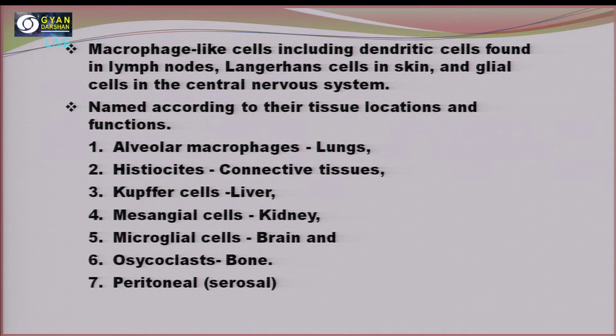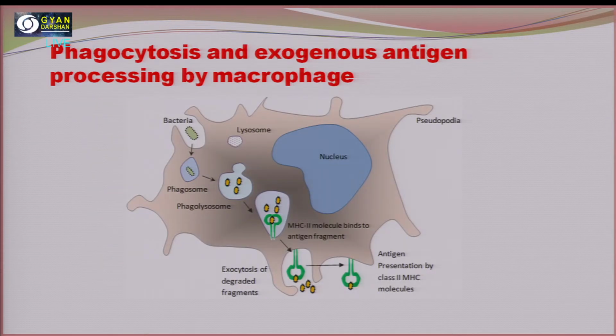Histiocytes are the macrophages of the connective tissues. Kupffer cells are available in the liver, mesangial cells in the kidney, microglial cells in the brain, and osteoclasts in the bone. So these are the different types of macrophages.